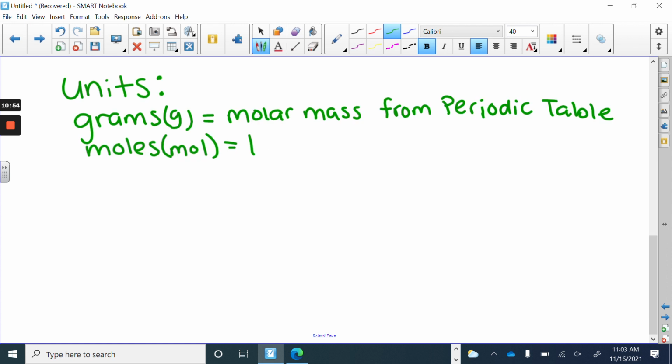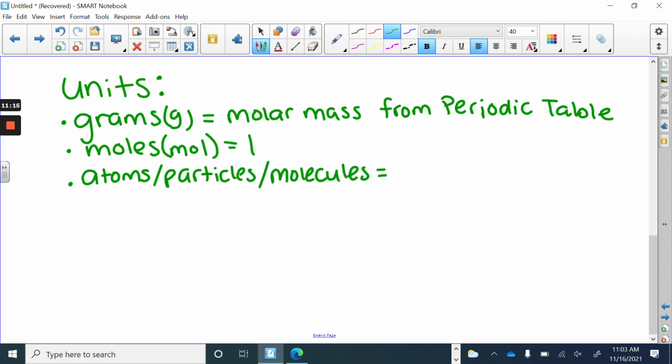And if the unit is atoms, particles, molecules, it's going to be equal to 6.02 times 10 to the power of 23.